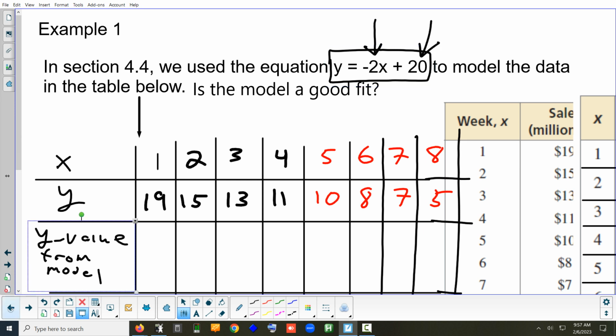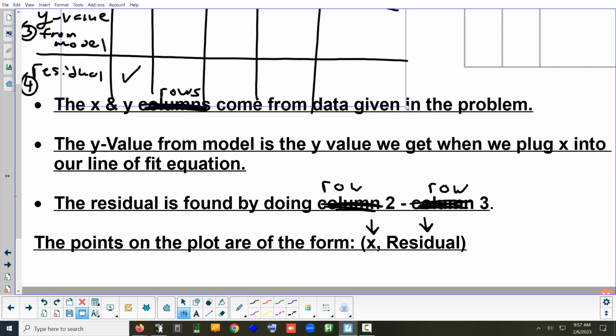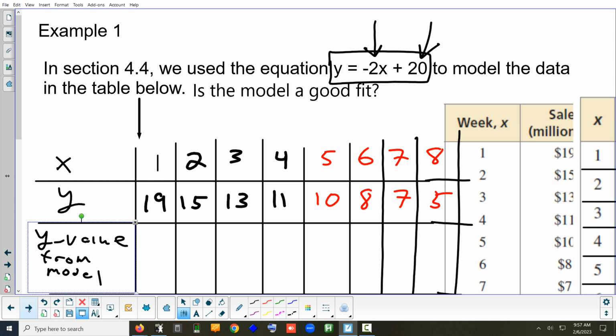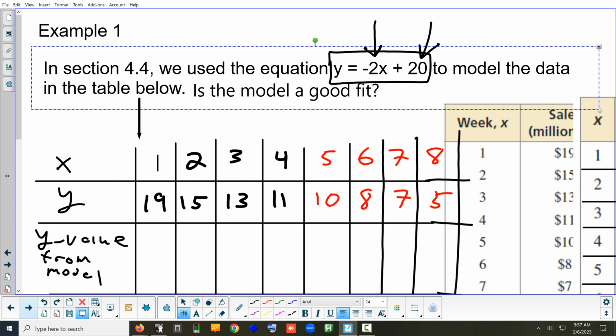To get the y value from the model, you're going to take each x value and plug it into that formula. So we'll take each x value one at a time, plug them into the formula, and see what we get. Whoever did this thinks that this formula should predict how much money the movie is going to make each week. It might not be perfect, but that's what we're going to see.